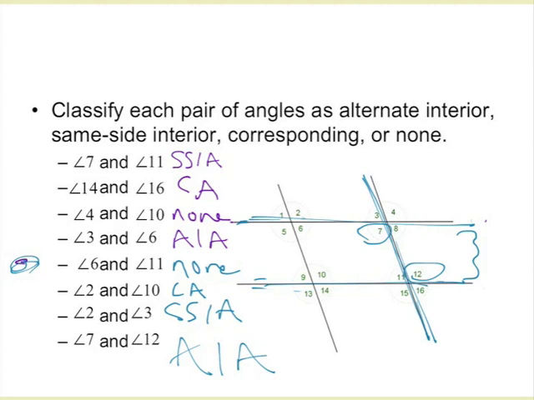On your homework, your diagram is going to be a bit more confusing. I think it looks something like this-ish. I don't know exactly. But what I would urge you to do is to redraw only the angles that are in the question, and then some of these lines will disappear and it won't look as confusing.